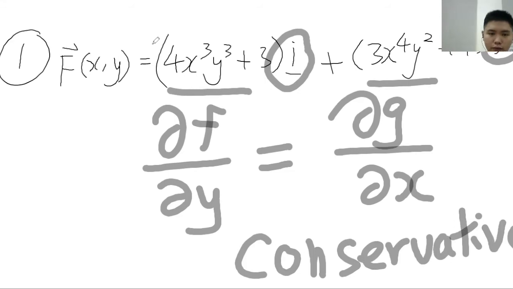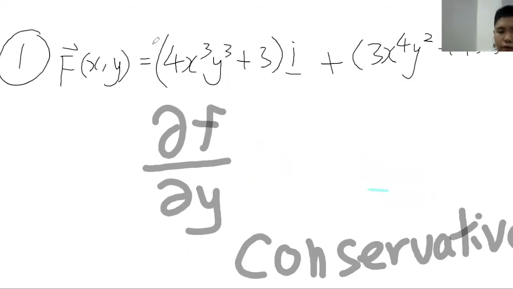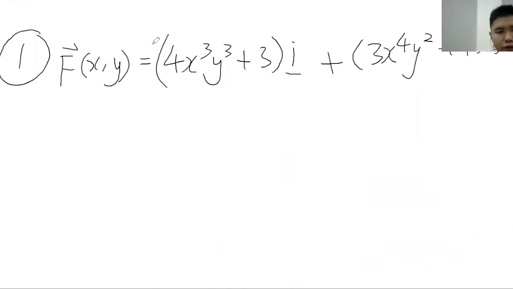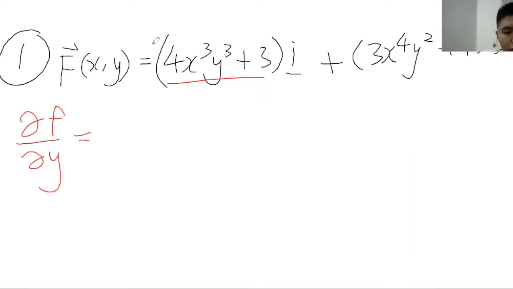If this is correct, then we can say this function is conservative. Okay, so let's get started. We take the first part, in front of i, and take the partial derivative with respect to the opposite variable. If this is x, then this is y. Then we get 12, because 4 times 3 is 12. x cubed remains since we view it as constant, then y squared, and the number gives nothing.